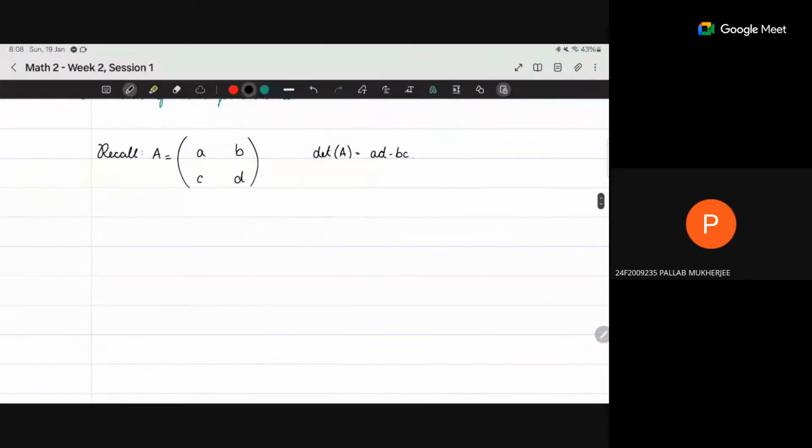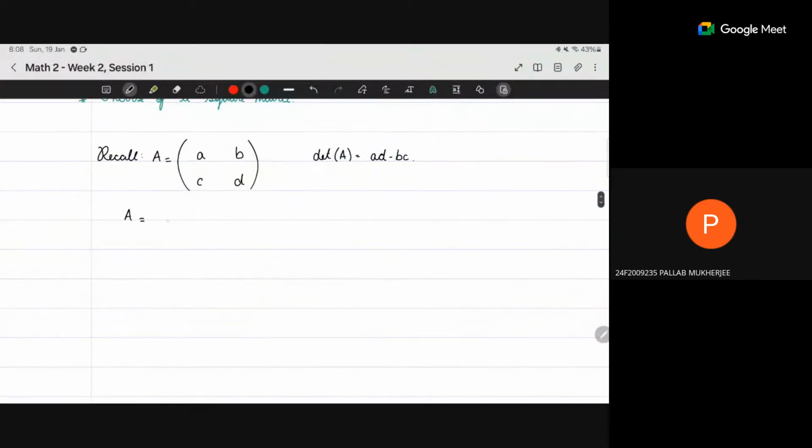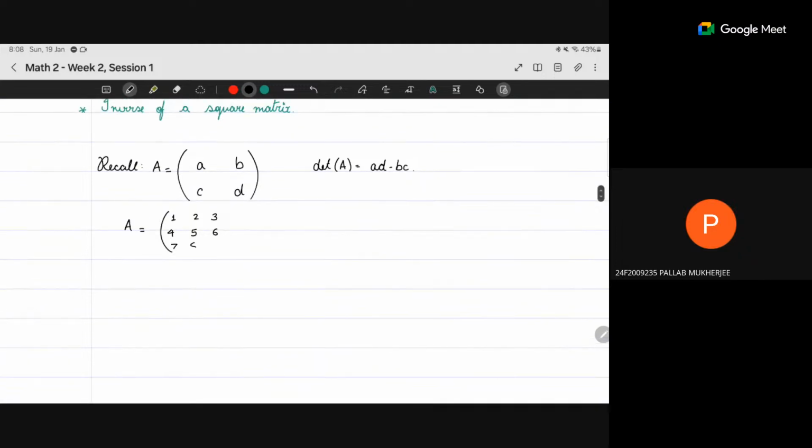Now if there is a 3x3 matrix, let's put some numbers over here. How would you go about computing the determinant? You don't need to go through the computations. Just if someone can tell me what is the procedure, that will also be fine.